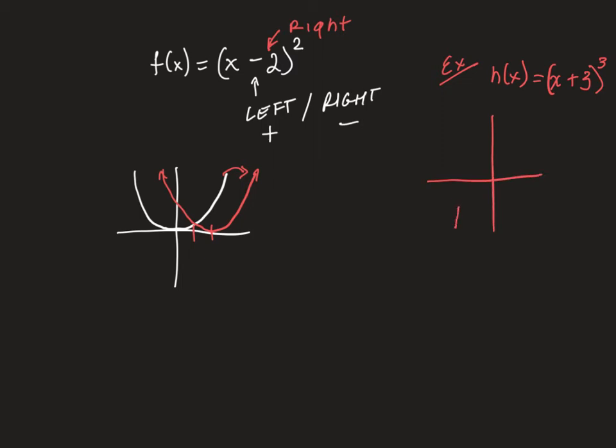So my parent function would look like this. Now since I have the plus 3 on the inside of my parent function, that's going to move it to the left. So for example, my origin is going to move 1, 2, 3 to the left. I'm going to draw this function just 3 units to the left.